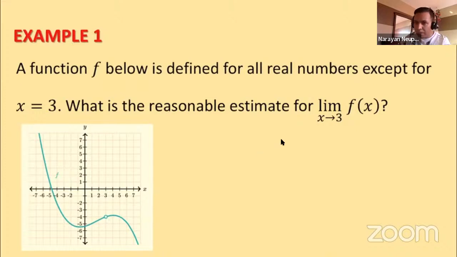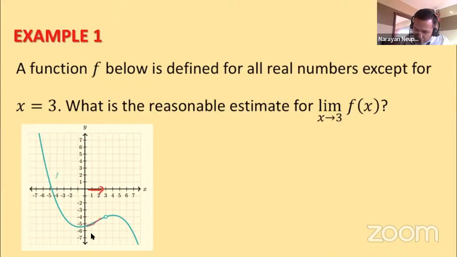But what is the limit? Let's see if the limit is there. Now, if you think of the left-hand limit, when x approaches 3 from the left, as it is shown here on the x-axis, the graph is going like this.